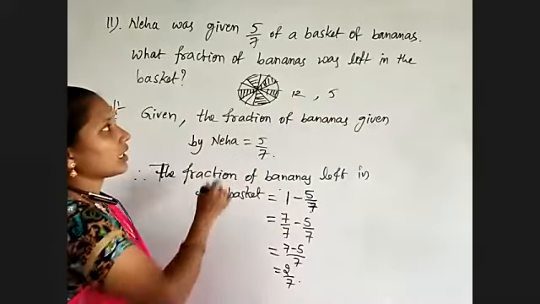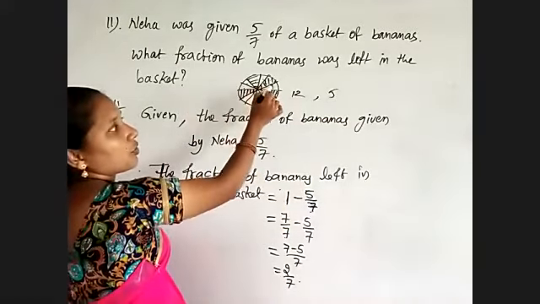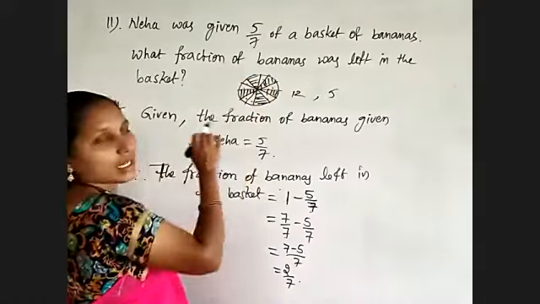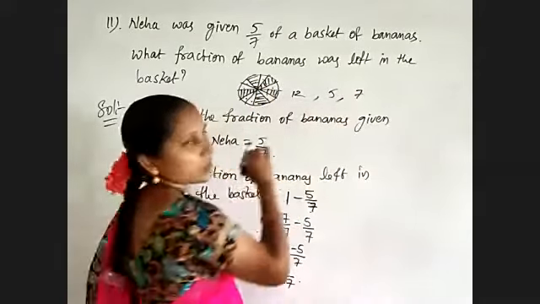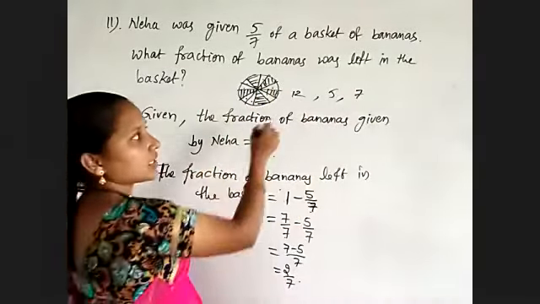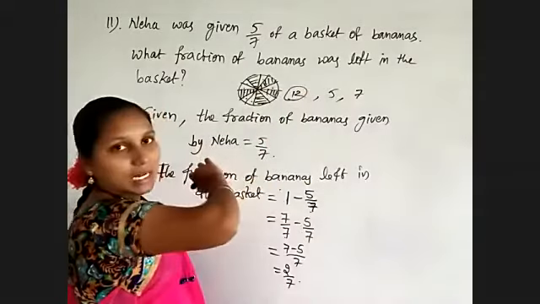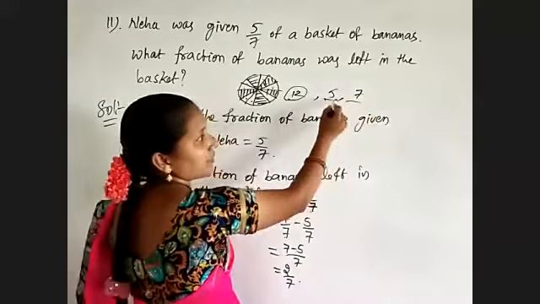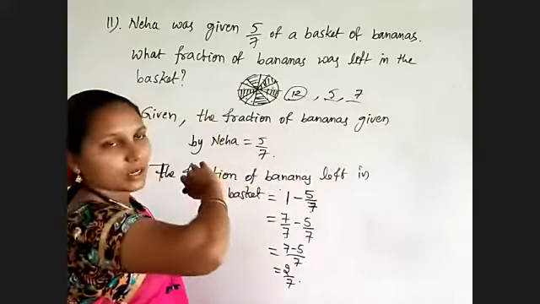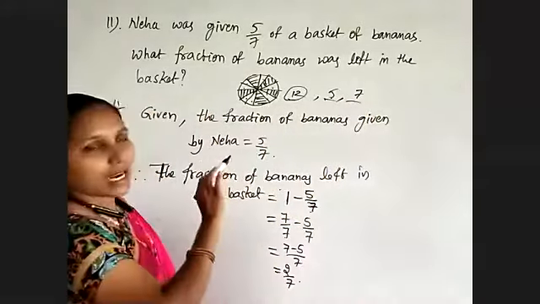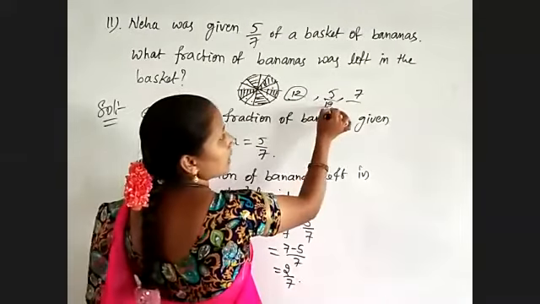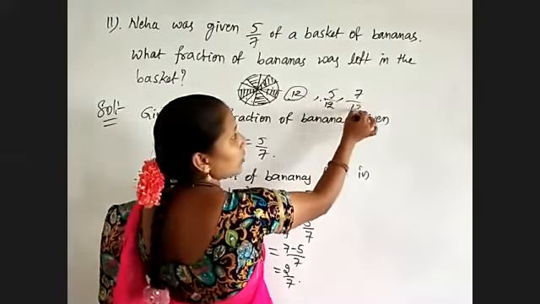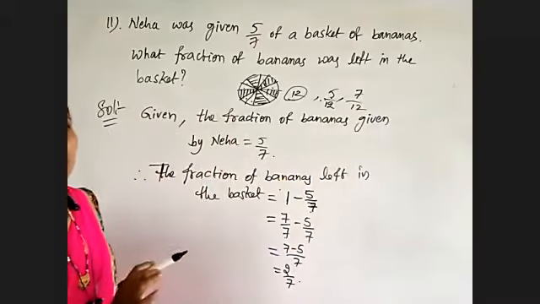Still how many are left? 1, 2, 3, 4, 5, 6, 7 parts are left. Just observe, out of 12 parts, 5 parts are given and 7 parts were left. 5 plus 7, 12, yes or no? But we need to write in fractional form. So 5 out of 12 was distributed, 7 out of 12 was left. That's it. Okay.